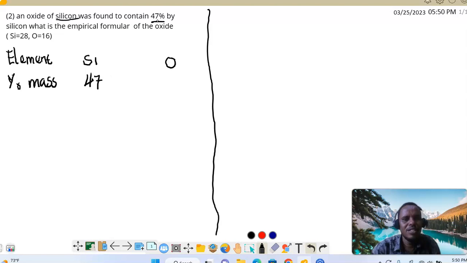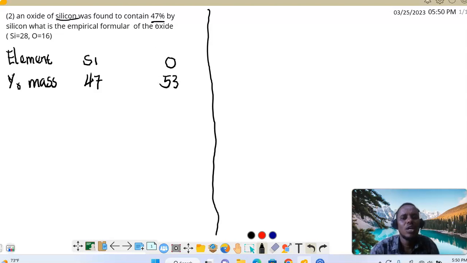Oxygen is the remaining part, because the compound contains 100%. 100 minus 47, you will get 53. So 53% is oxygen.